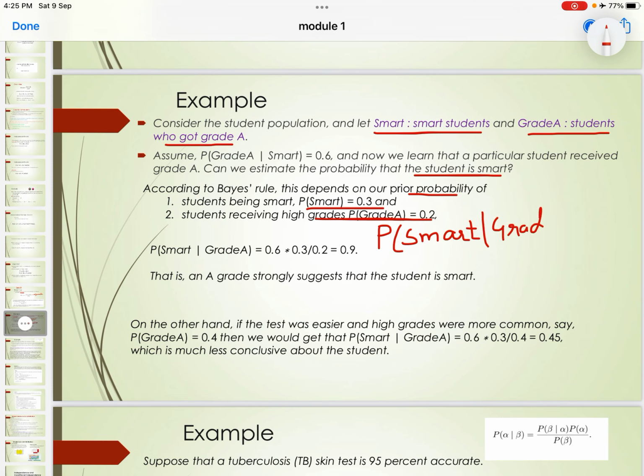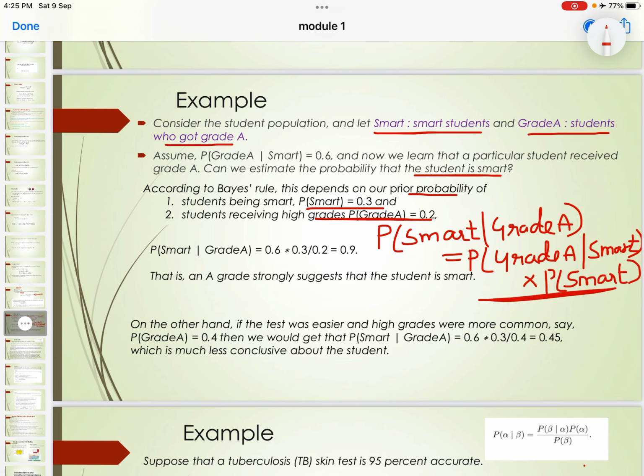given grade A. So we know the formula is P of grade A given smart into P of smart upon P of grade A. So we will substitute this.